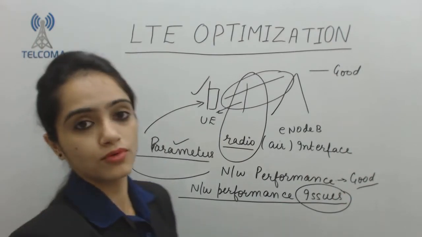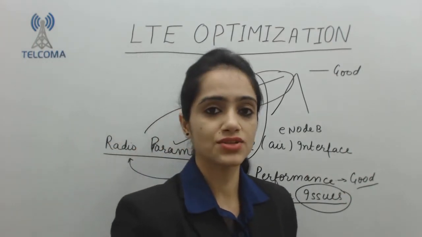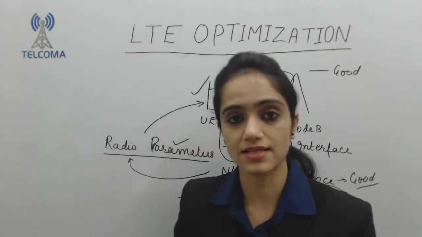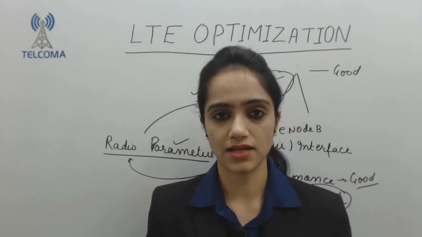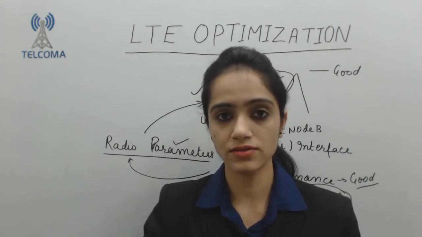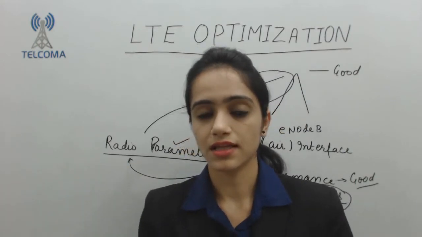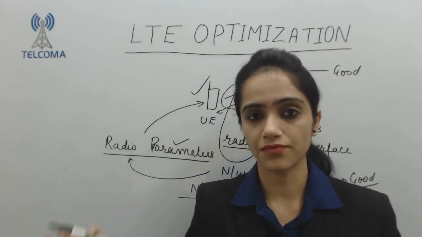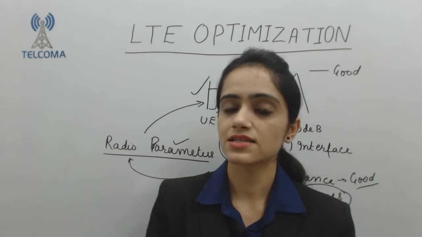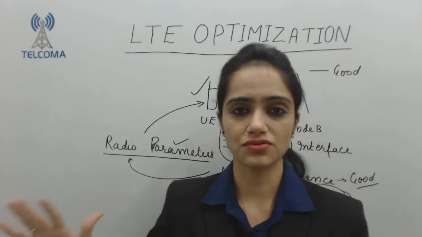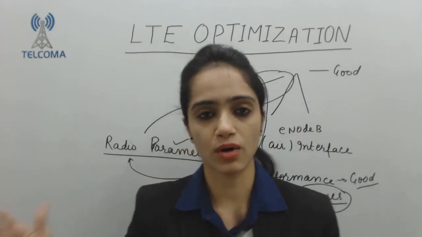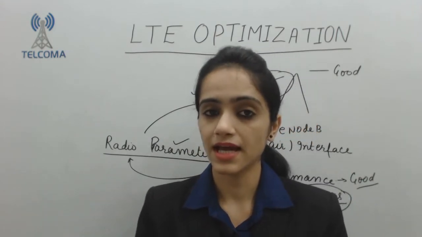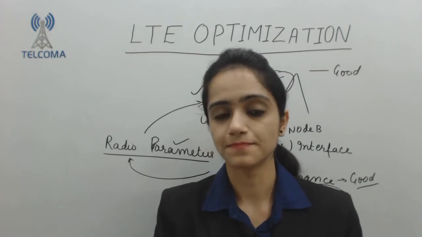Poor network performance means I am facing some issue related to performance, and I want to remove that issue. The removal of that issue is basically the job of the optimizer. That means to optimize the network, to find out the particular values, to check the solutions, and to work out how to remove particular issues in the network. That is the work of optimization: to find out the problems and to find out their solutions.